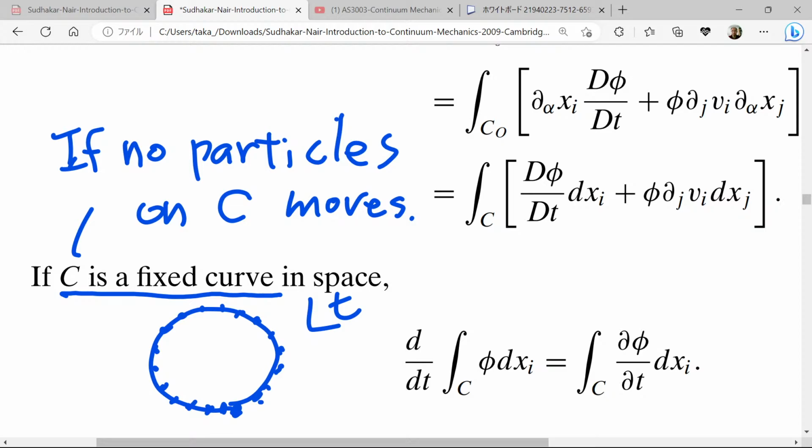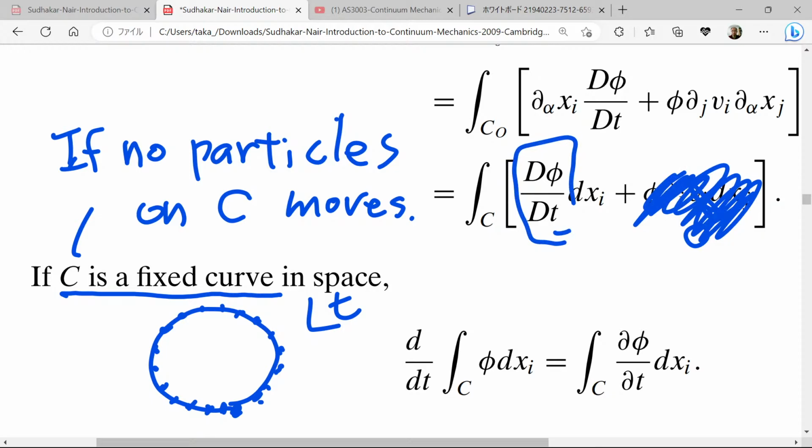Then you can see Vi here is 0, right? So this is completely eliminated. Then this total derivative here becomes a partial derivative.